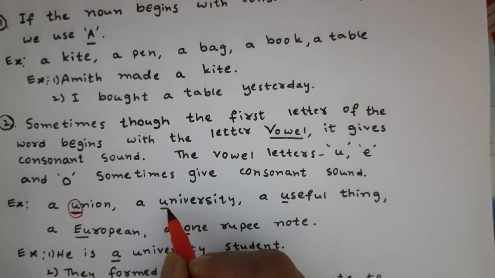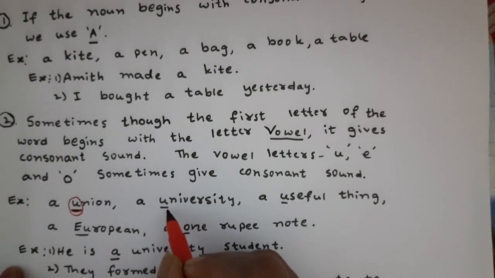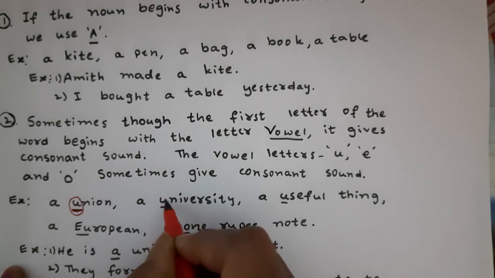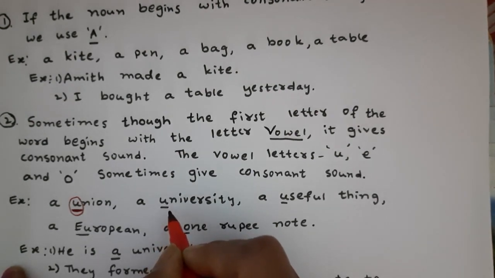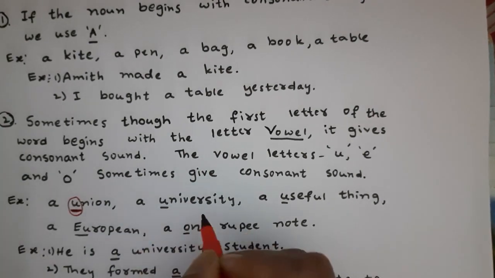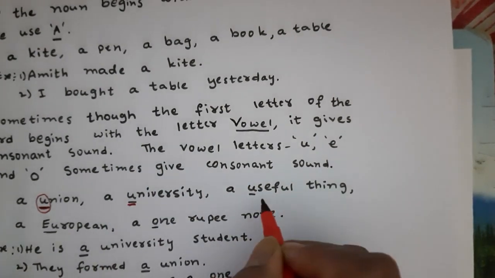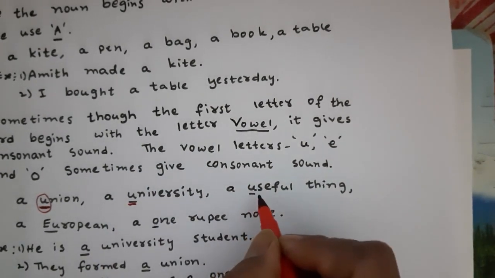In this word also you observe one thing. University. Here also same thing. U is a vowel letter, but it is giving a consonant sound. So, university means ya. Ya means Y. That's why we have to use a. And next, a useful thing. Here also same thing.